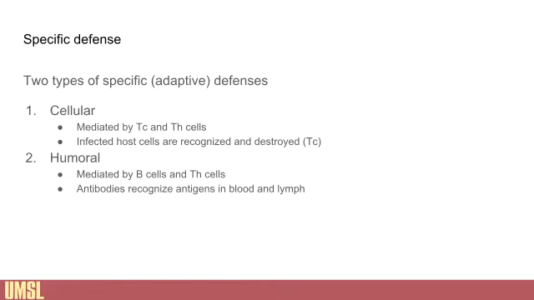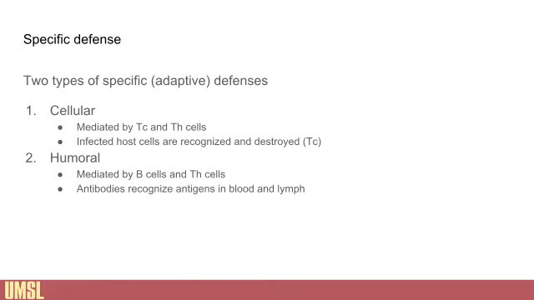So, two specific types of adaptive defenses emerge. One is the cellular response. This is really mediated by cytotoxic T cells and helper T cells. Essentially, infected host cells are recognized and destroyed, and this is primarily the purview of cytotoxic T cells. We'll talk a little bit about what this mechanism is.